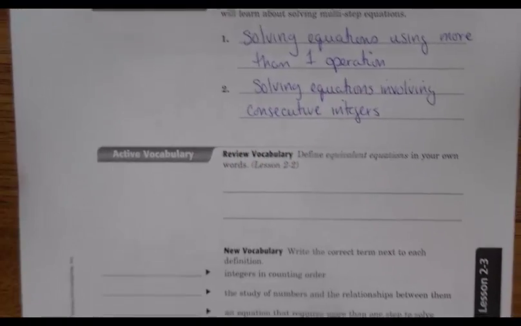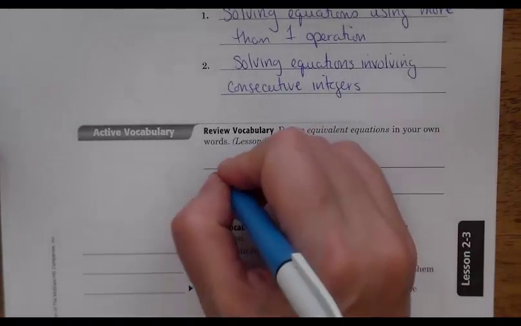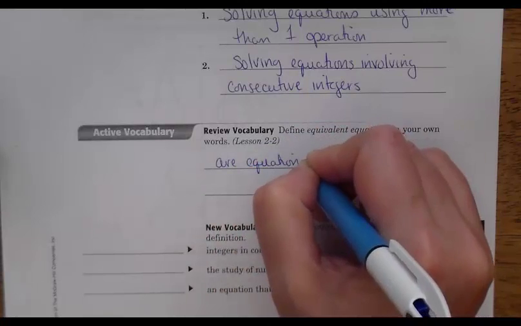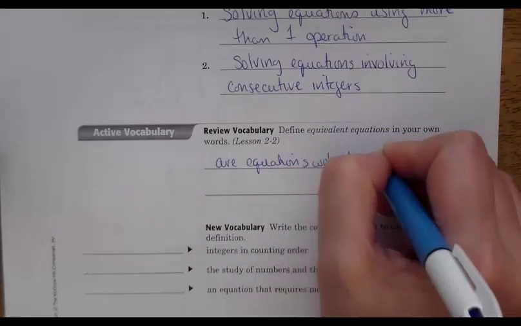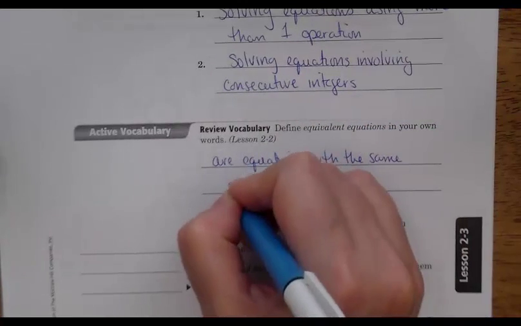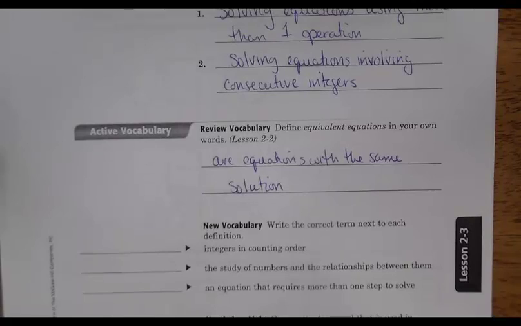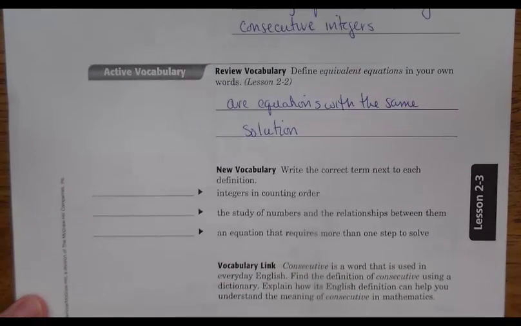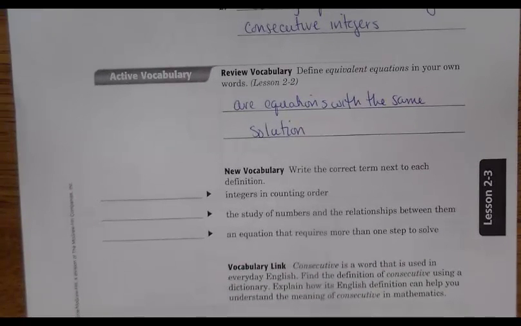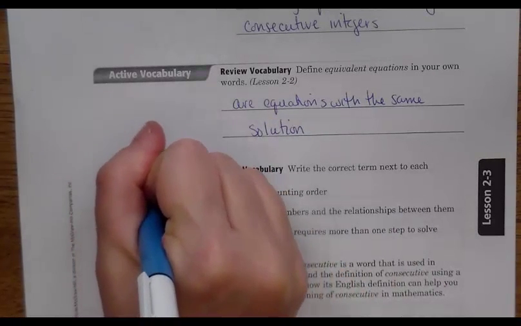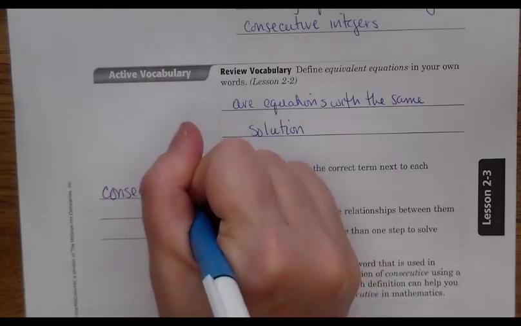Okay, review vocabulary. Equivalent equations are equations with the same solution. Okay, and then let's write the correct vocabulary next to our new vocabulary. Integers in counting order are consecutive integers.